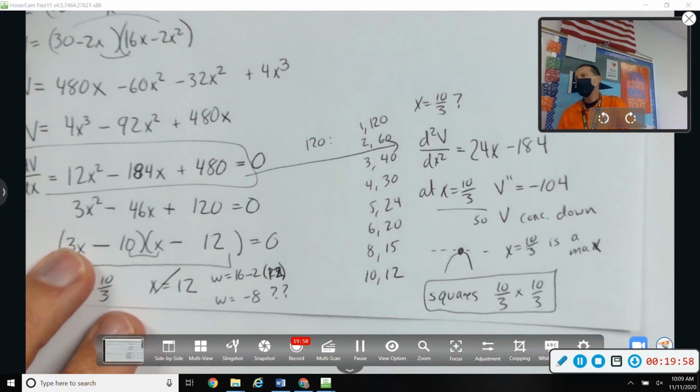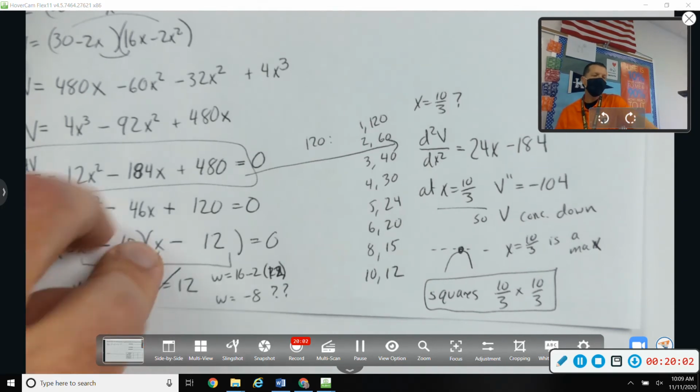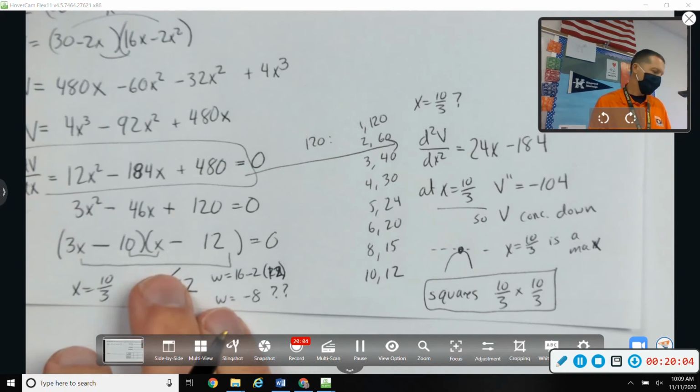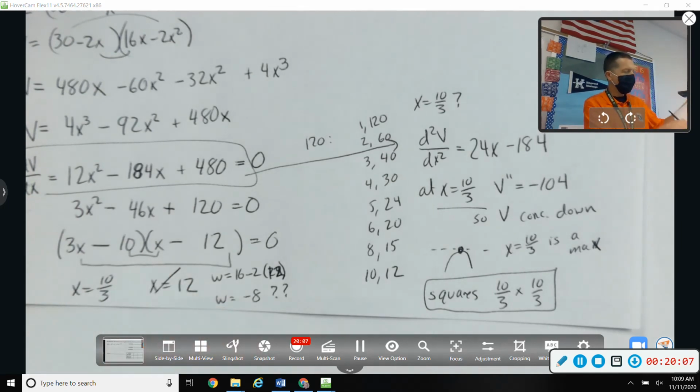What is the maximum volume? And then we would have had to plug that back in. But it didn't ask that, so we're good with the 10 thirds. Questions on that one? Set up the equation, take a derivative, figure out where it's 0, but then check to make sure you got a max or a min.